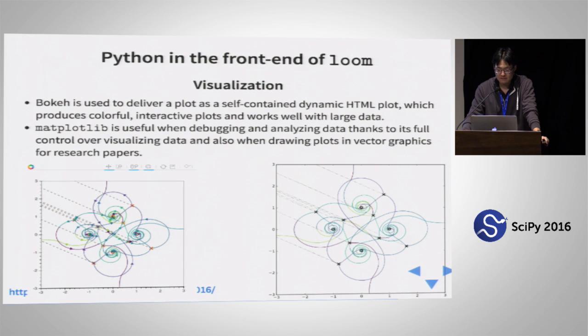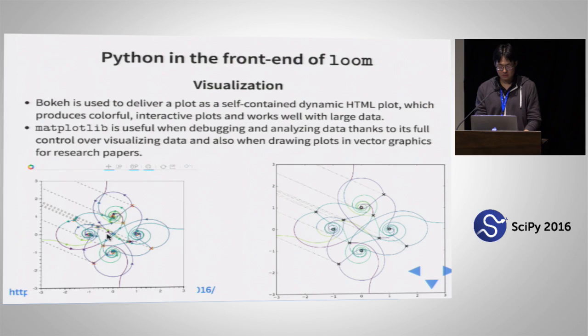And then there is the front-end part of Loom, and of course the most important part of it is visualizing data. We use Bokeh and Matplotlib at the same time. Bokeh is used to make a plot as a self-contained dynamic HTML plot, so I can exchange results with my colleagues with ease.